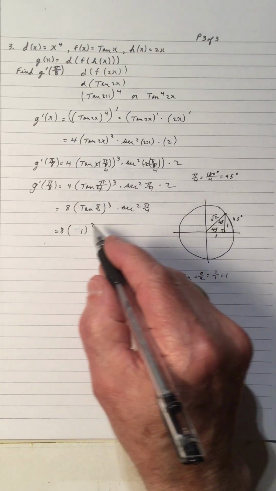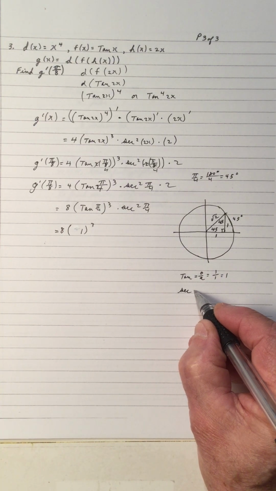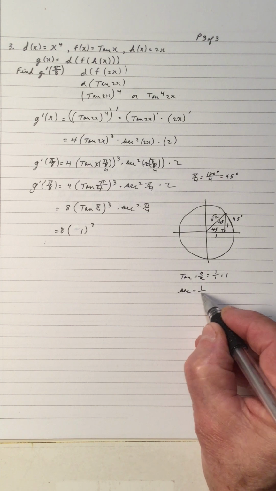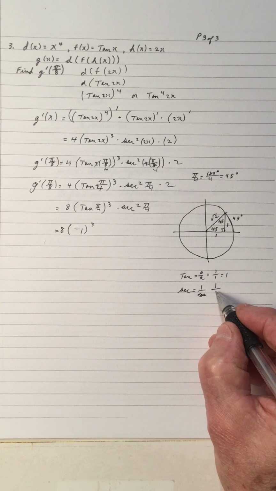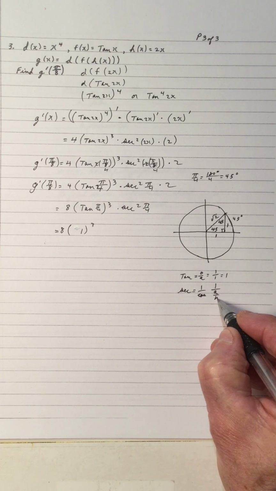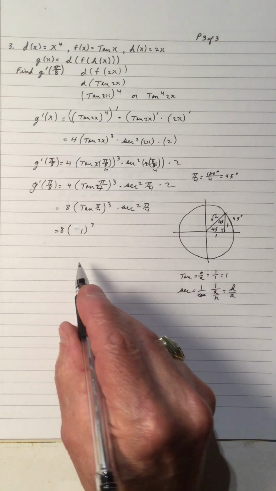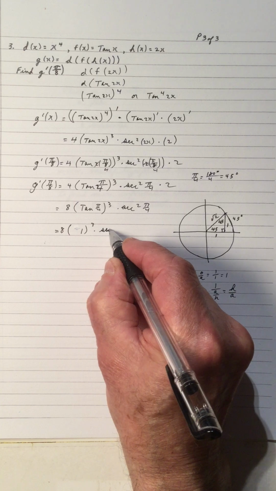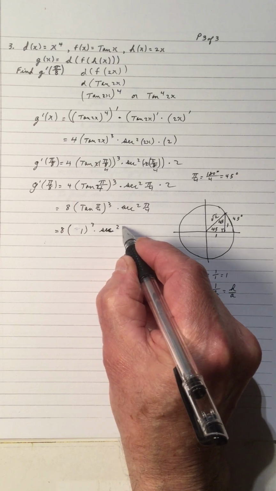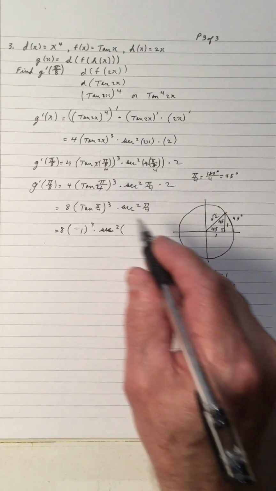Now we have to do secant, and secant is the reciprocal of cos, so secant is 1 over cosine. Cosine is adjacent over hypotenuse, so that means secant is hypotenuse over adjacent. So in relation to secant of 45, squared, of the 45 degrees.